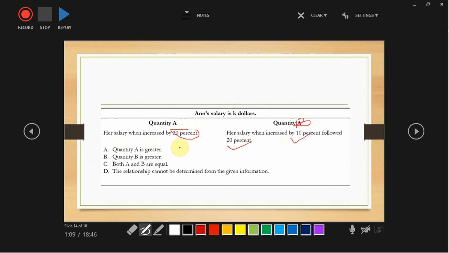So in this case, a single increase of 30% will be smaller than the successive increase, first by 10% and then 20%. Her salary will be greater in this case, and our answer is B.